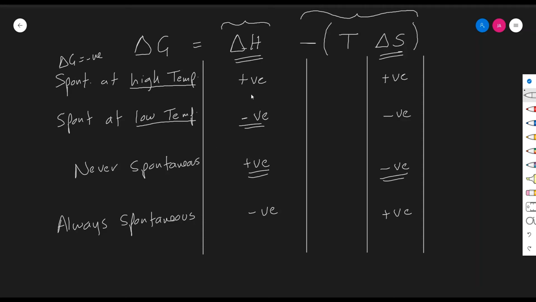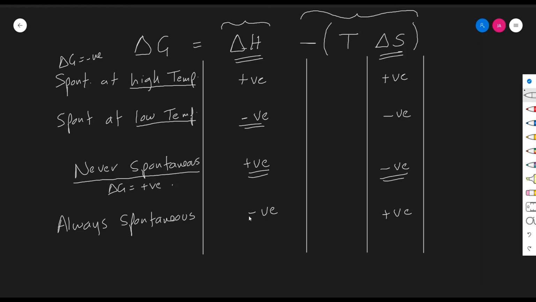And therefore, these types of reactions in which the enthalpy change is positive while the entropy change is negative would never be spontaneous at any temperature. Never spontaneous, because the value for the delta G produced would always be a positive value.